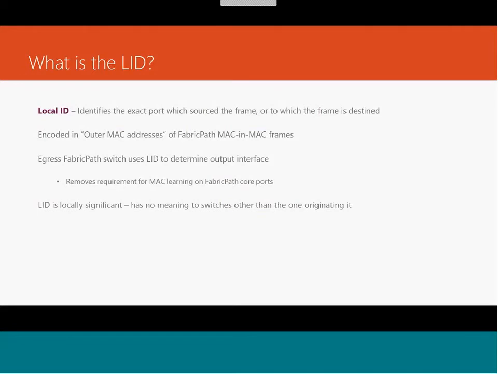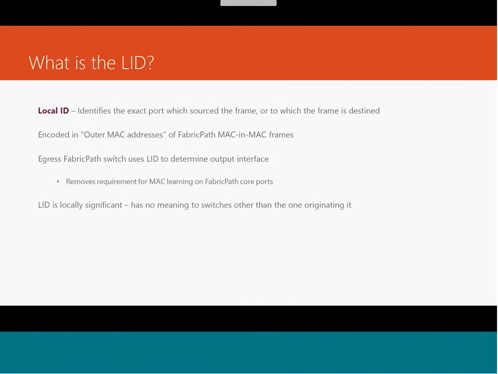If you don't have the LID, you will have to rely on the MAC addresses to understand where the frame needs to go and do MAC lookups and all that stuff. But with LID, what you really do is you encode the MAC address into the Fabricpath MAC-in-MAC frames.